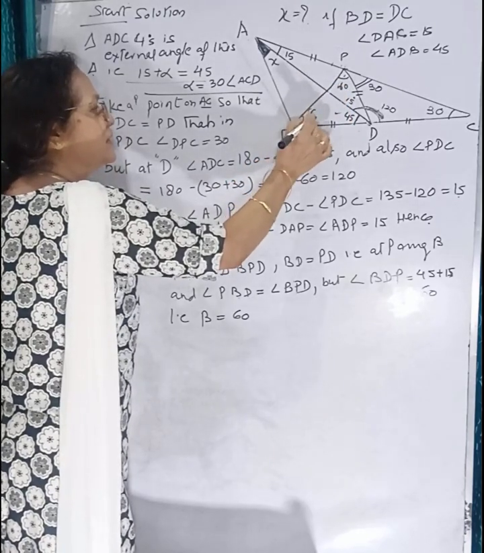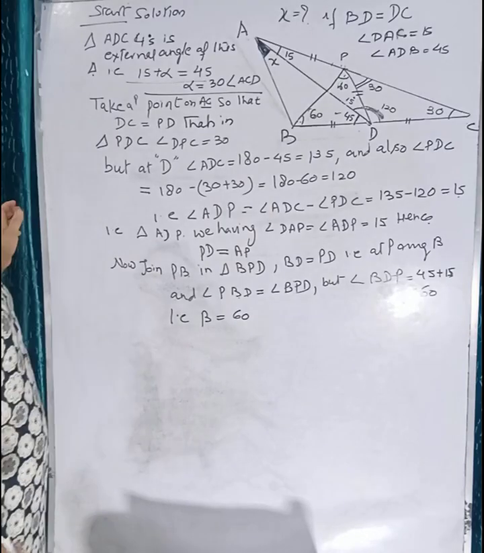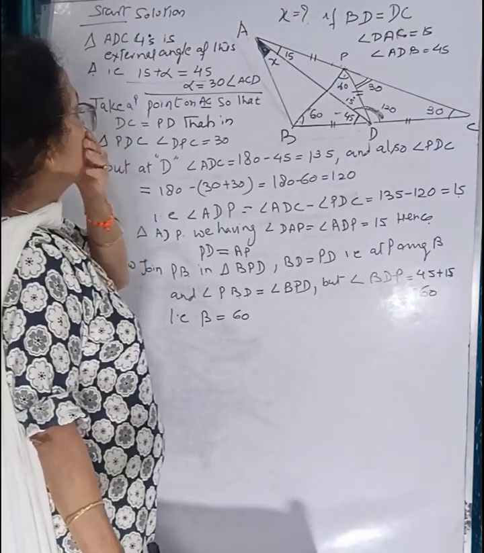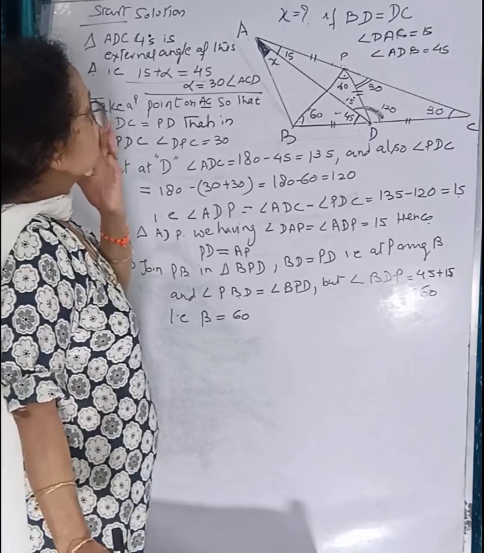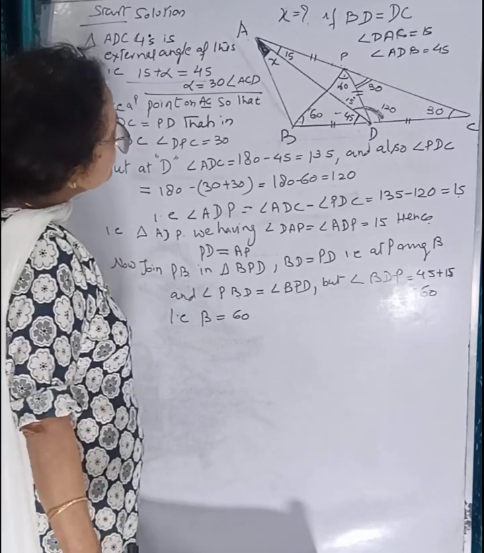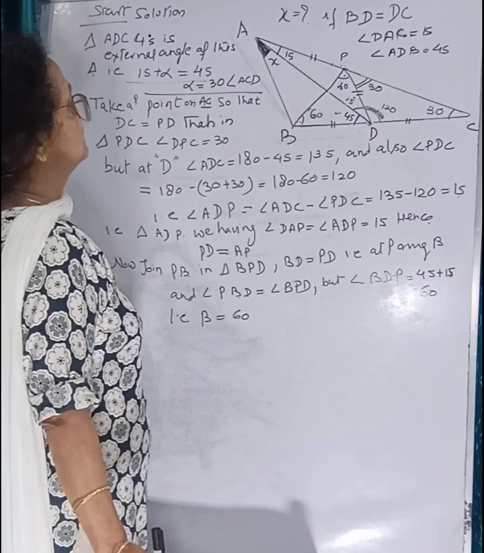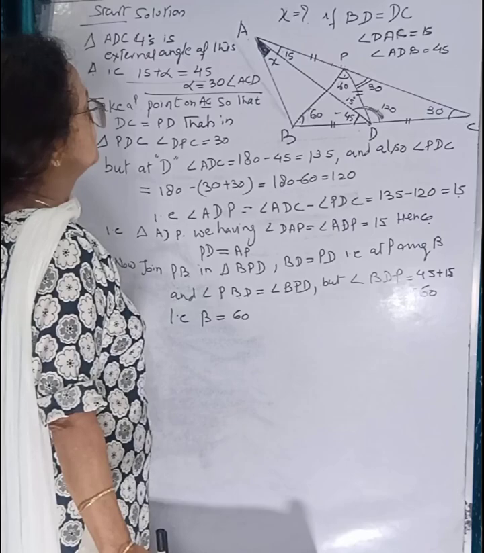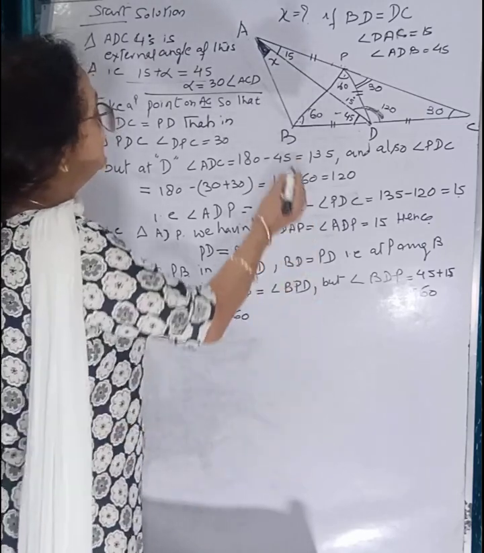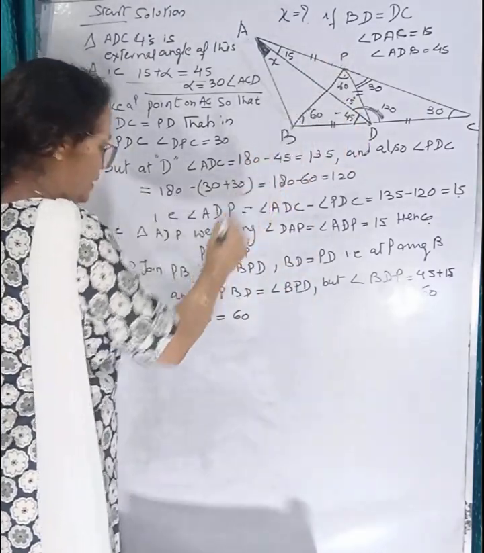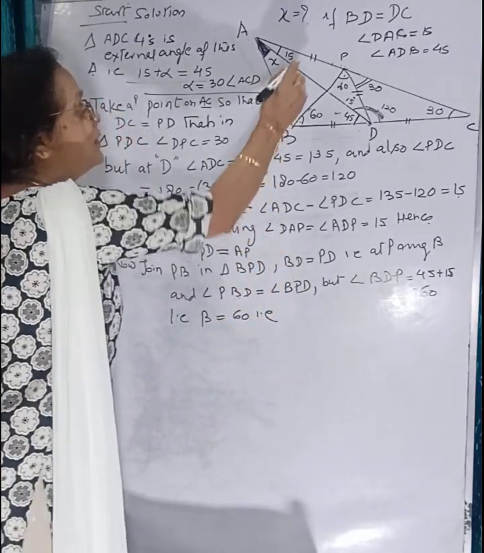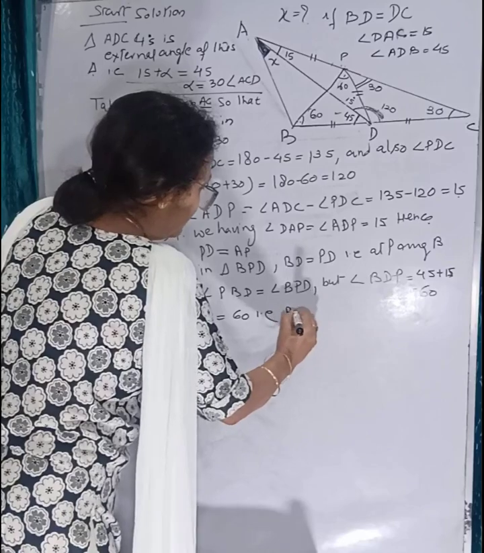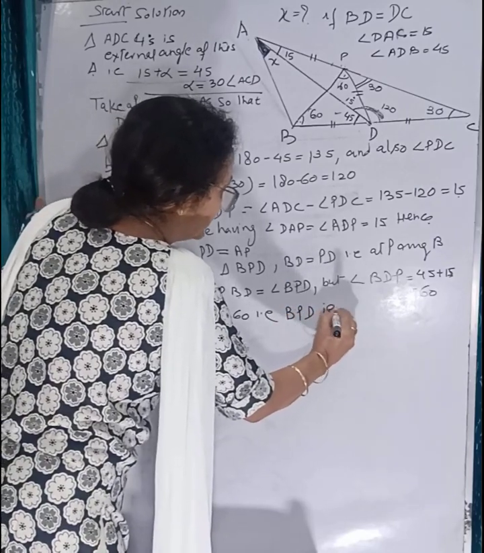That is 60 degree. Okay, हो गया 60. अब ये 60 आ गया जी. Now what we have to do? 60, 60, 60. It means BPD is an equilateral triangle.